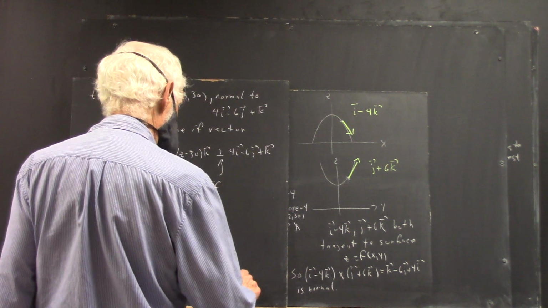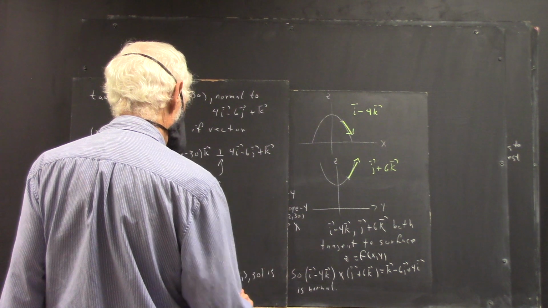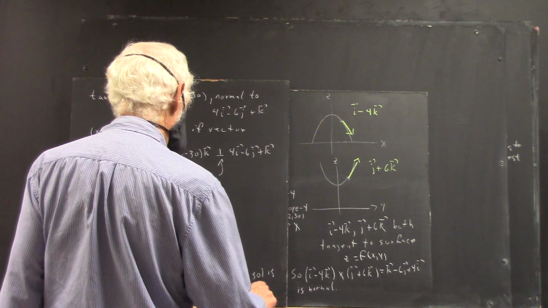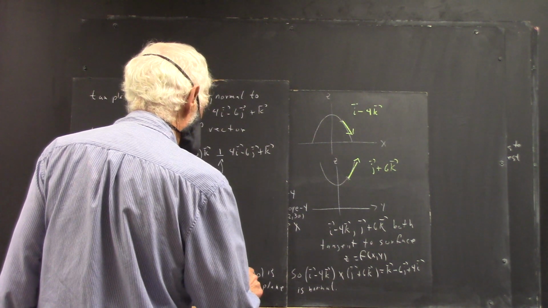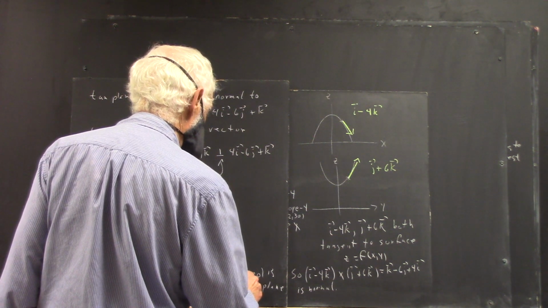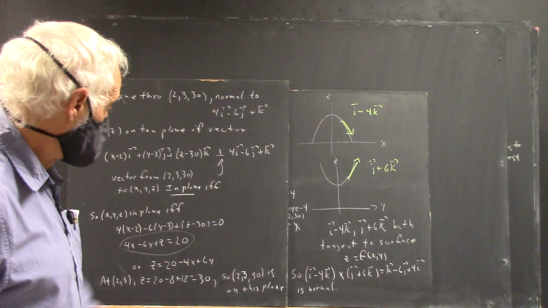So as a check, the point 2, 3, 30, bad looking 3, let's see if I can make it worse. Yeah, it's still a bad 3, but maybe it's more recognizable anyway.